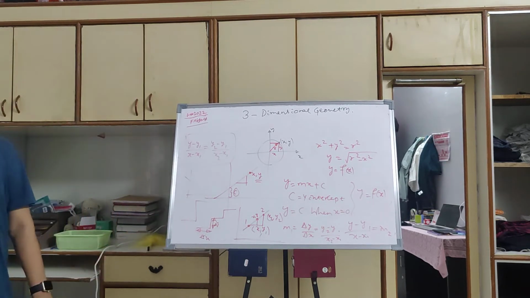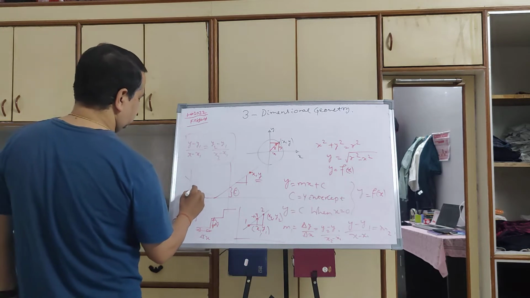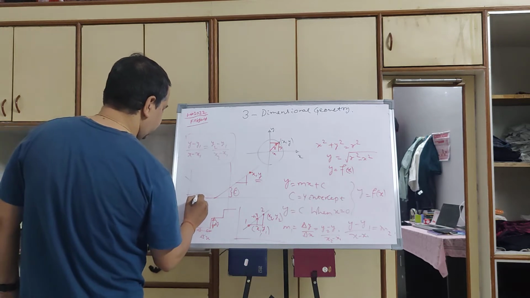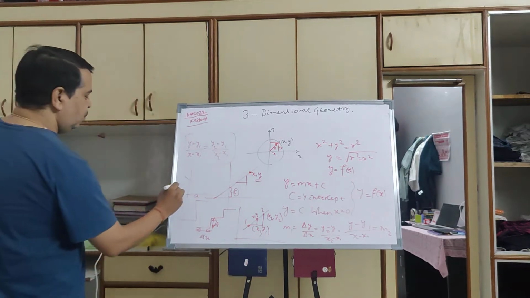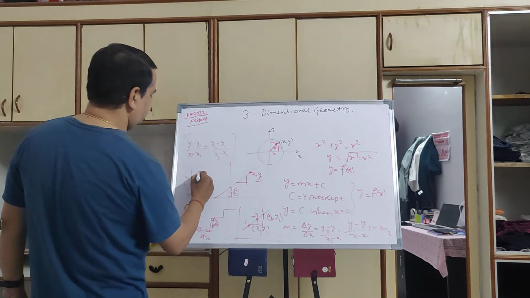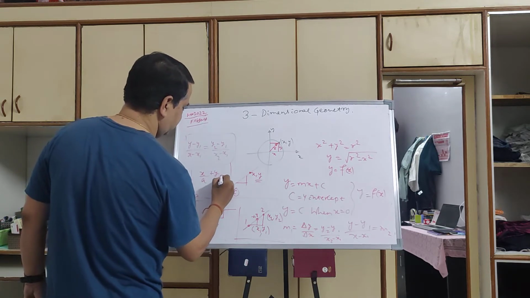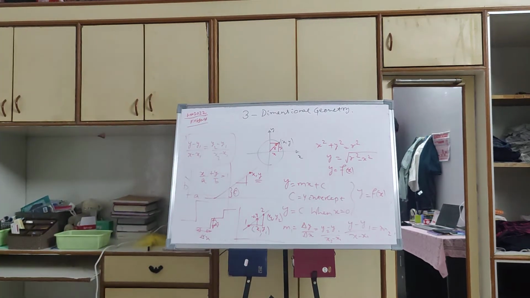Suppose the line is like this. In this case, the x-intercept will be a and the y-intercept will be b. In this form, the equation of the straight line is x by a plus y by b is equal to 1. Why is it so?